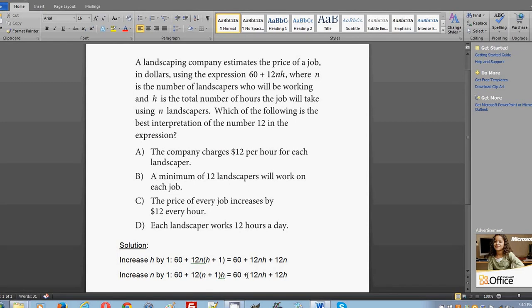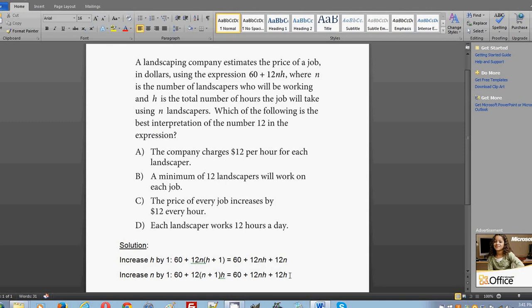We would have 60 plus 12n times h, which is the same as the given expression, and the additional amount will be 12 times h. That's the additional amount the company would charge if it brought one more landscaper on board.